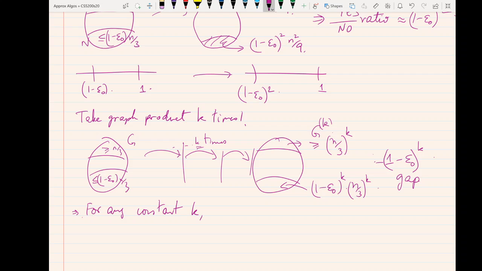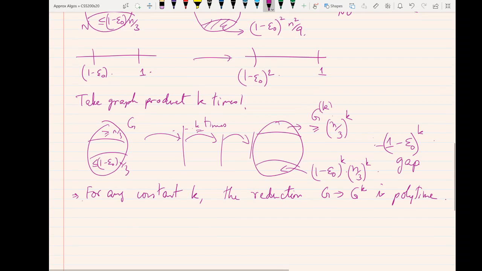So for any constant k, the reduction from G to G raised to k is polytime. Okay, you get a graph of size n raised to k vertices.